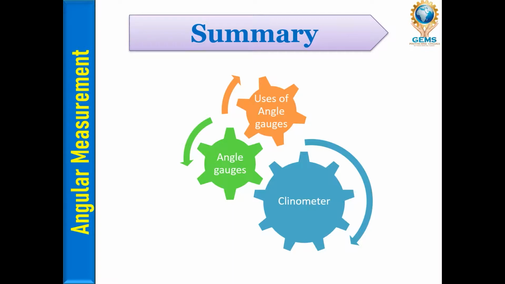What are the main advantages of angle gauges? In slip gauges there is no subtraction. If you want less than degrees, meaning less than minutes, you can subtract in angle gauges. But in slip gauges it is not possible, only addition is possible. With angle gauges, you can do both addition and subtraction.